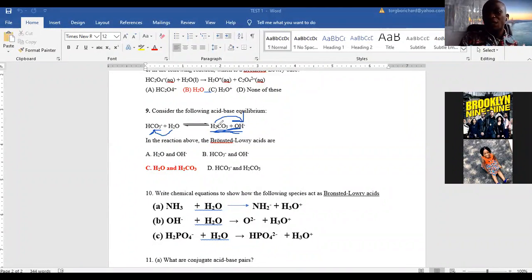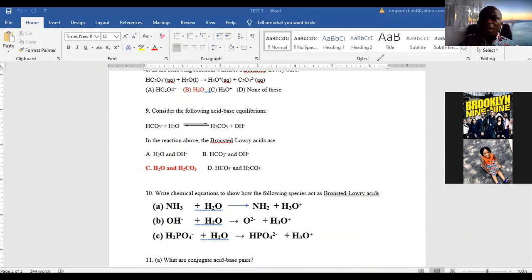So it means that the carbonic acid is a proton donor, an acid, according to Bronsted-Lowry. So the acids in the overall reaction, both the forward and the backward reaction, will then be water and carbonic acid. That makes C the right answer.